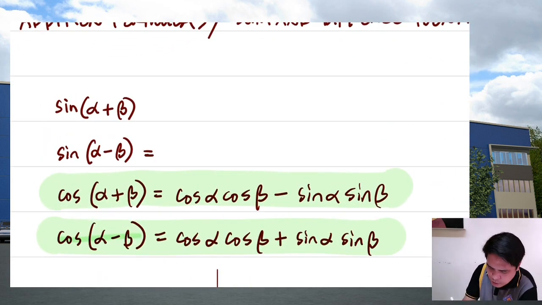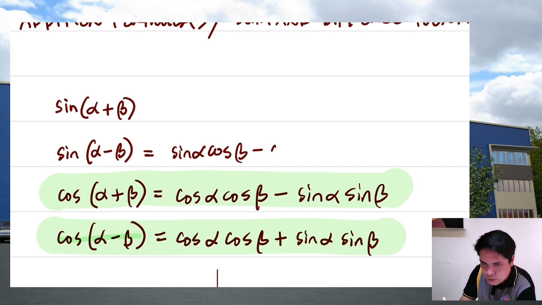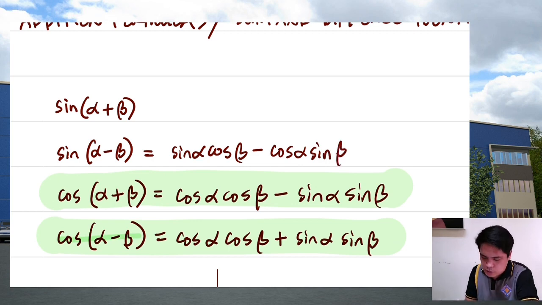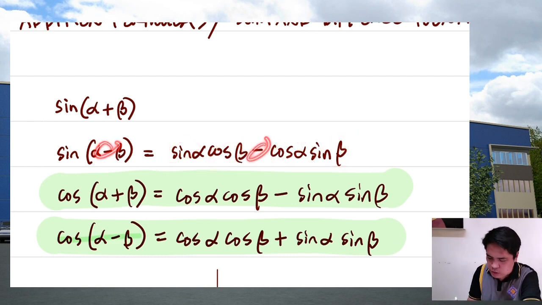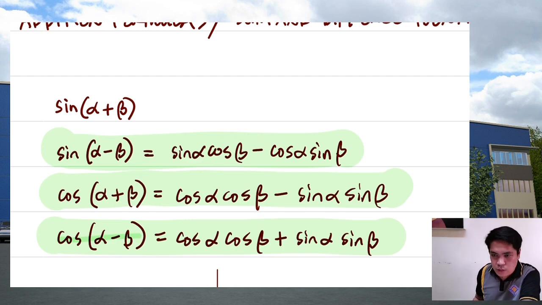So, we have sine alpha cosine beta minus cosine alpha sine beta. So, the pattern is just sin, cos, sin. Then, pareho lang yung sign dito. So, that's another identity you need to memorize.